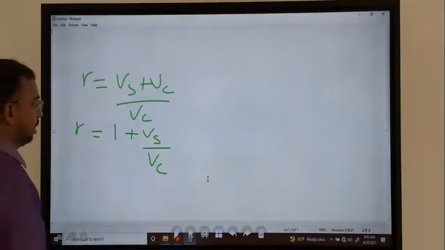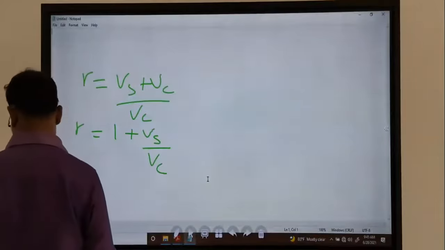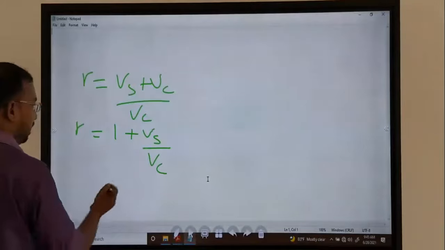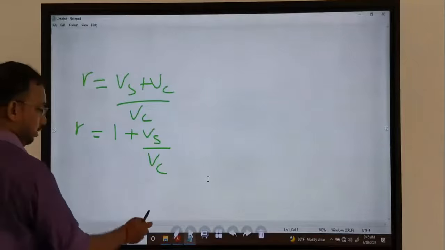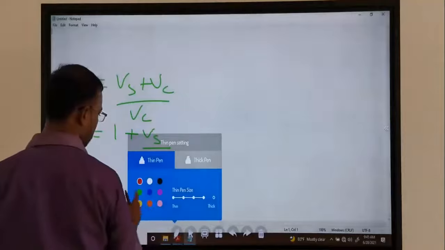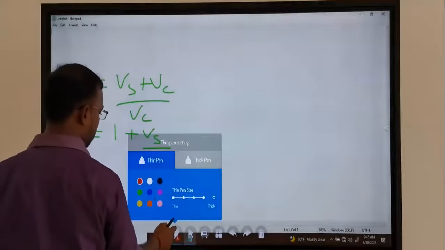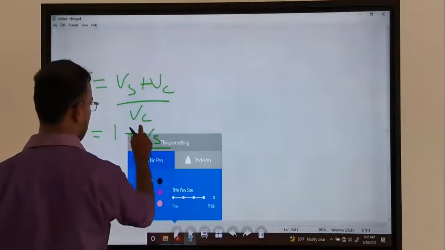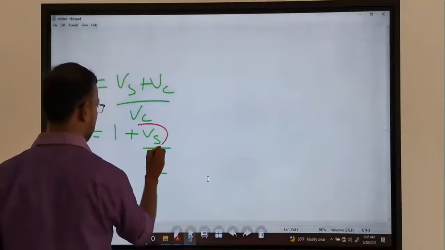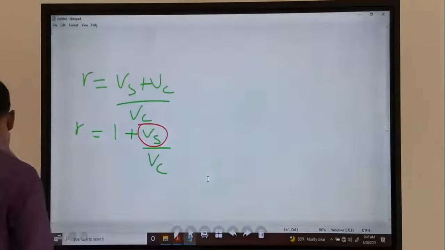This is the equation. So first we have to find the Vs.